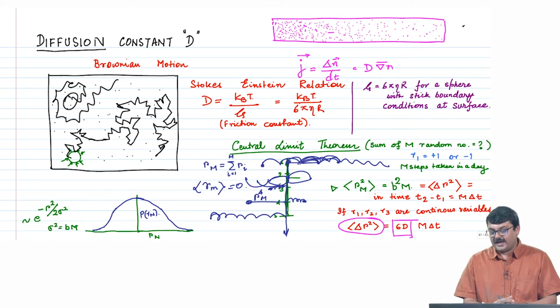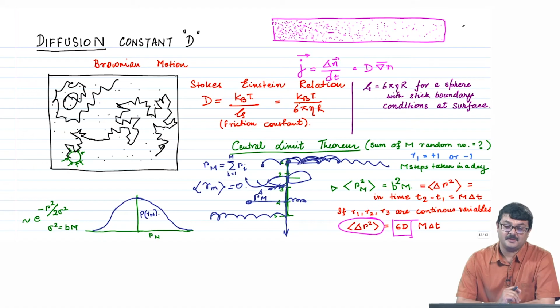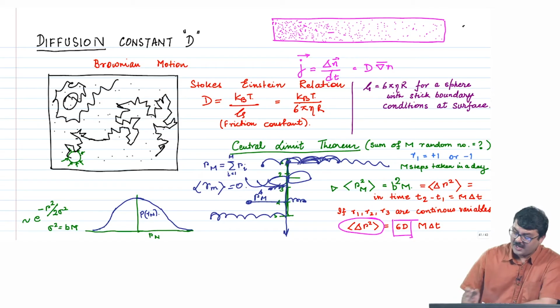And of course, you already know that if you increase the density, the number of collisions will be more, it will collide more frequently, the net displacement will be less, and hence the diffusion constant will be less.